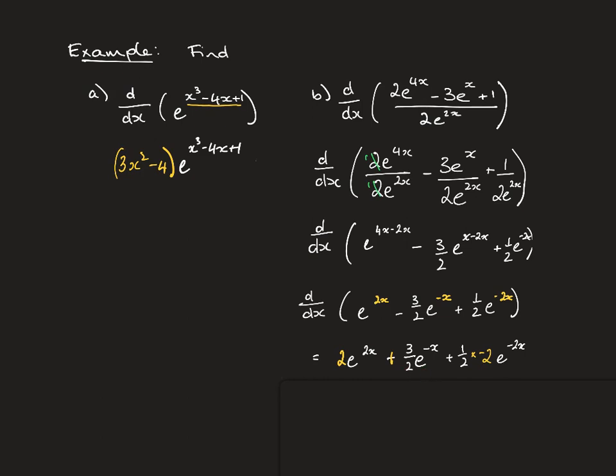We're going to tidy this up a little bit more by writing our exponentials with positive powers. And then finally, we're going to multiply our fractions together and end up with this.